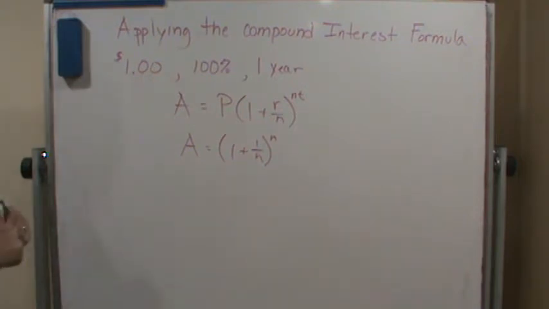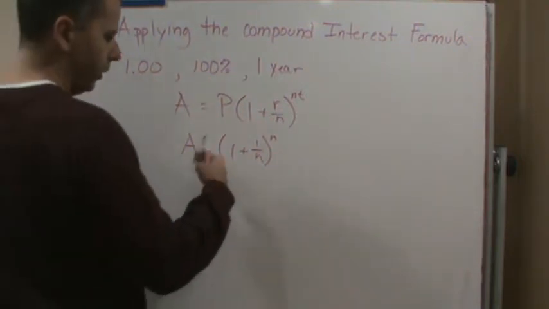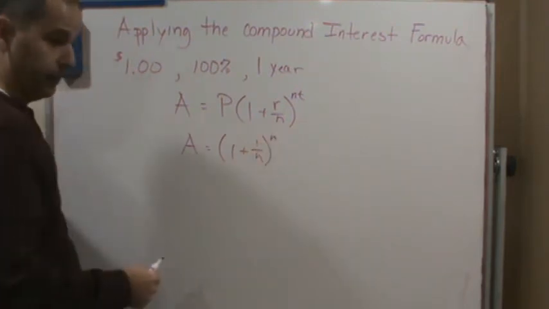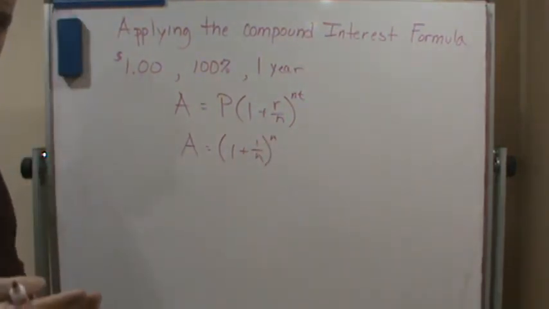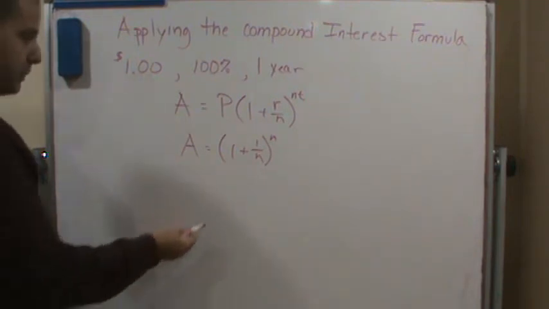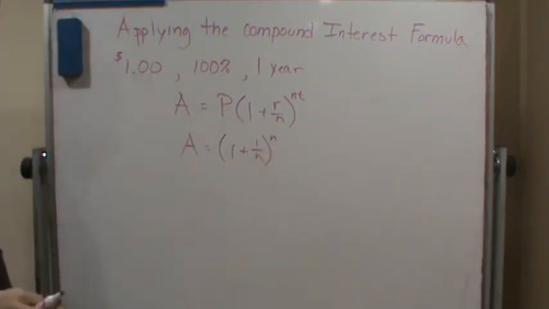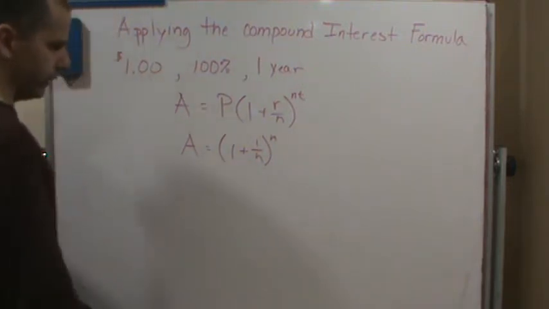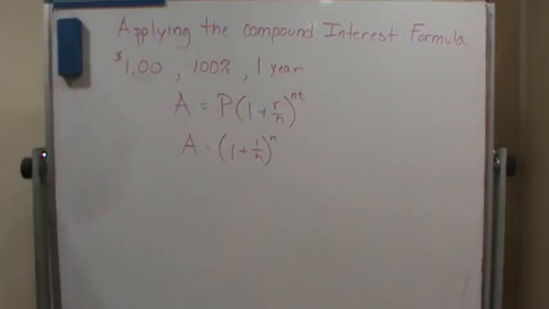We know what happens if n is 1. If it's annual, we get 2 to the n. If we compound annually, our money doubles every year. What if we compound semi-annually?